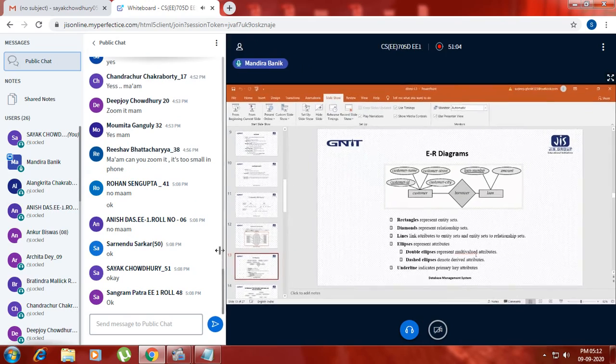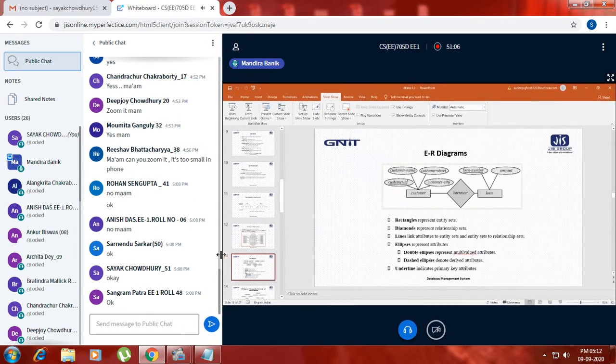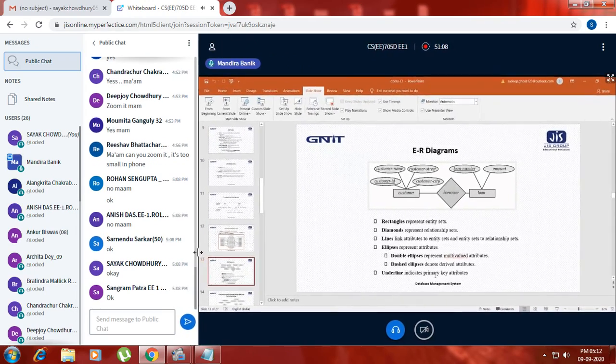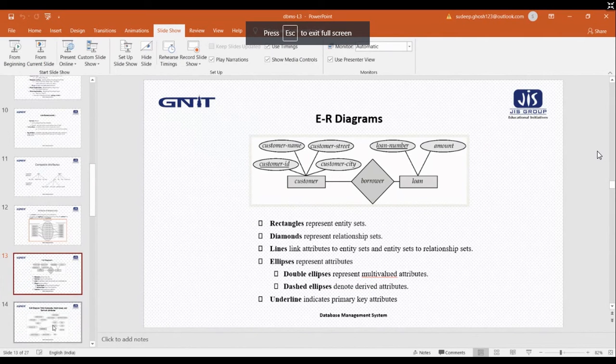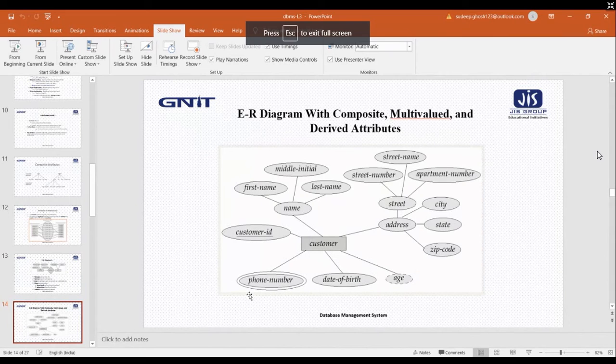Now double ellipses represent multi-valued attributes, and dashed ellipses represent derived attributes. That we will see in the next slide. See here, double ellipses represent multi-valued attributes, and the dashed ellipse is representing the derived attribute.